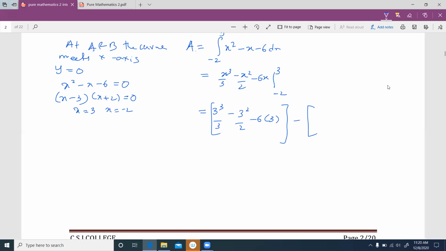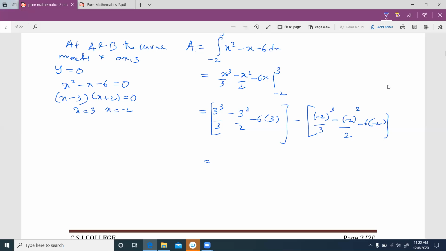When you substitute these minus values, remember you have to put a bracket over there. Otherwise you get a wrong answer in the calculator. Minus 2 cubed over 3 minus minus 2 squared over 2 minus 6 times minus 2.